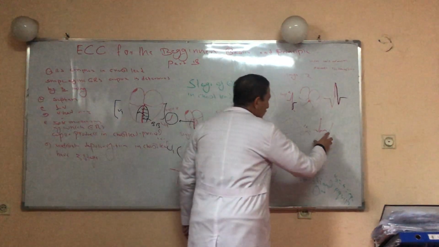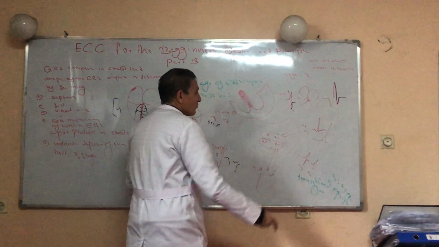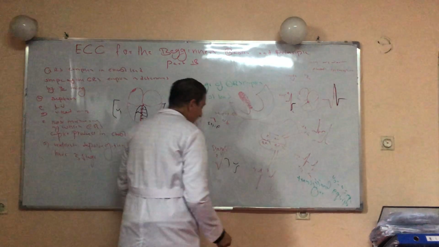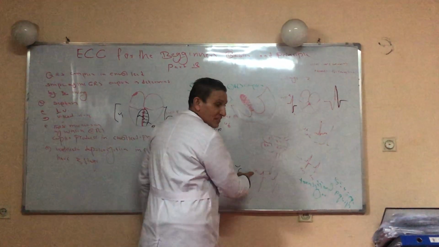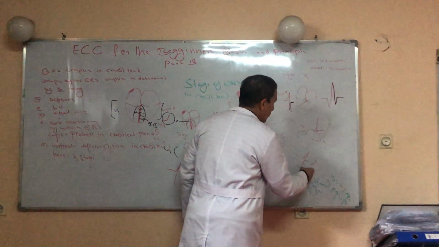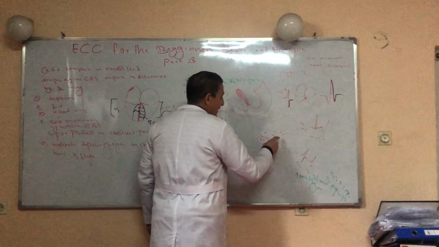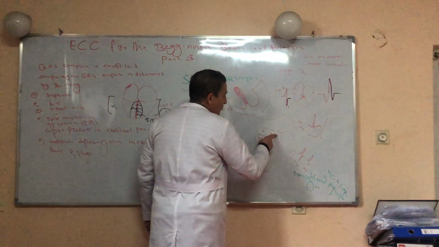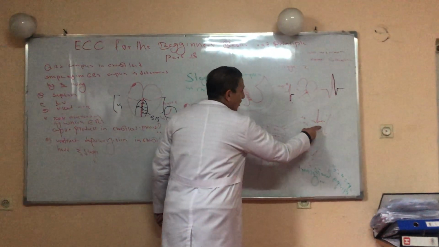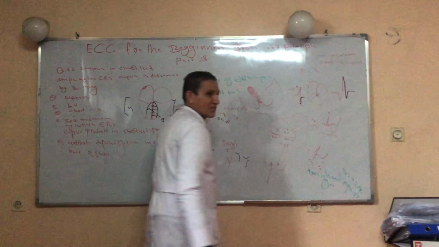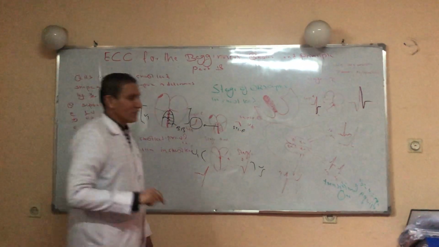Now we come to V5 and V6. The R wave in V5 and V6 is larger than in V1, V2, V3 and V4. What is the mechanism? Because there is a large mass of muscle and the electrical impulse goes through the ventricle, and this R is bigger because it represents free ventricular wall depolarization.